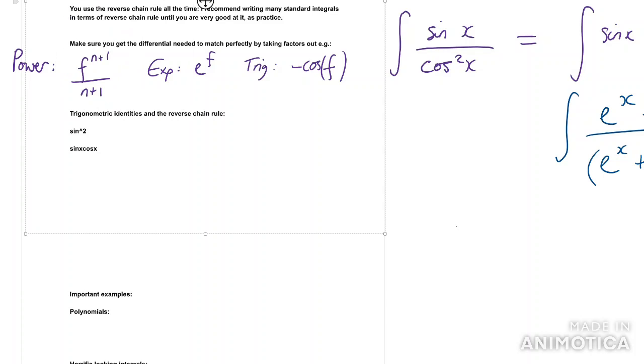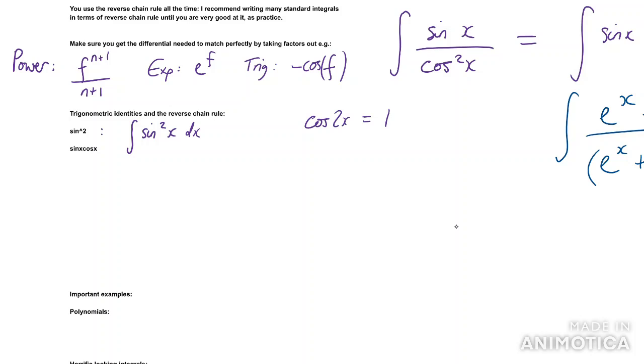Included in these will be the important trigonometric identities that you want to be aware of for integration. One of the first ones you see is, let's say we get sine squared x. How do we integrate that? Well, you can't actually integrate sine squared easily, but what we do know is that cos 2x is 1 minus 2 sine squared x.